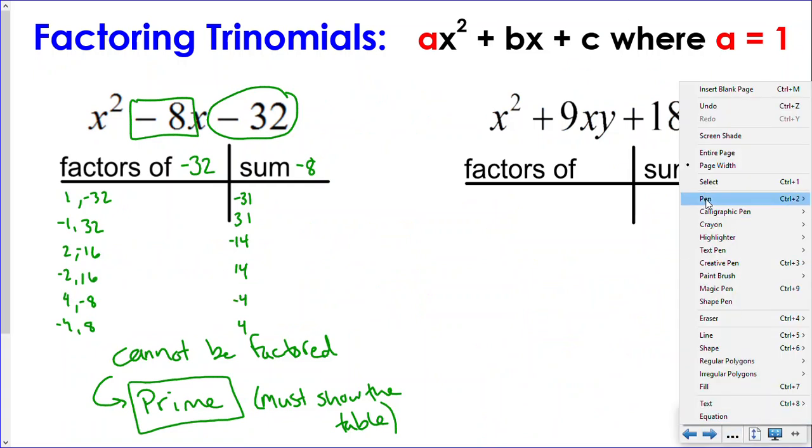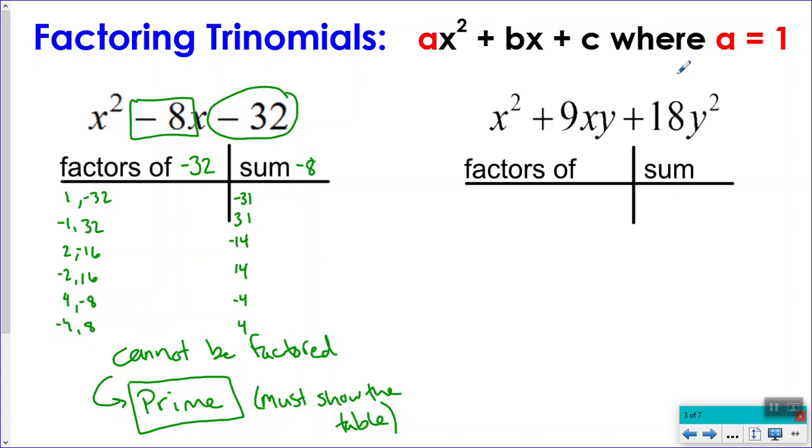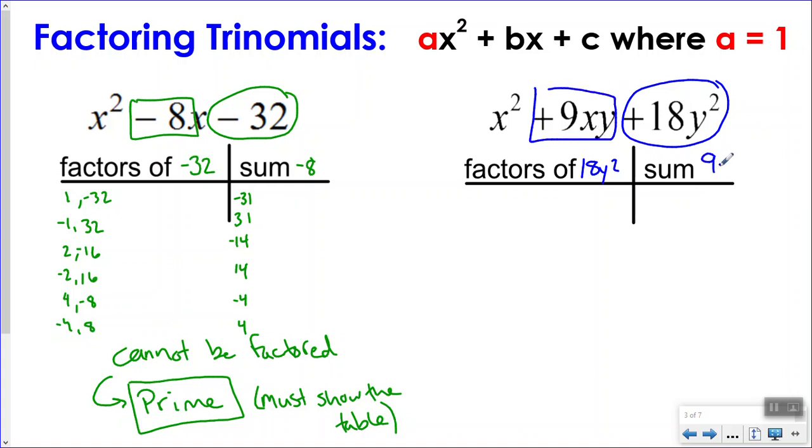Our answer is just going to look a little different. So now instead of just looking for factors of 18, we're looking for factors of 18y squared. And we're looking for a sum of 9y. We leave that x out of it because we usually leave the x out here. Okay? So factors of 18y squared, we could have 18y and y.